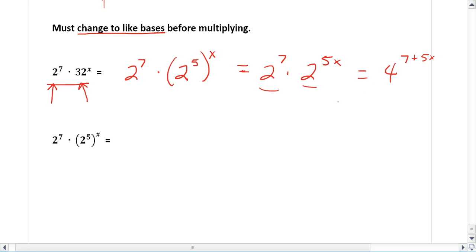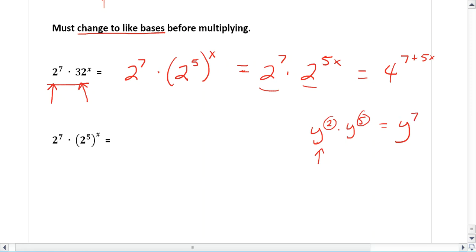We have never done this in the past. When you have had y squared times y to the 5th, have you ever multiplied y times y and gotten y squared and then had it to the 7th or something like that? Of course not. You leave this base alone. Here's y squared times y to the 5th, all you do is work with the exponents and you add them.